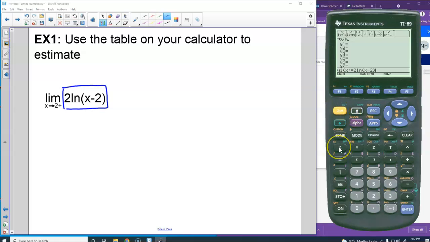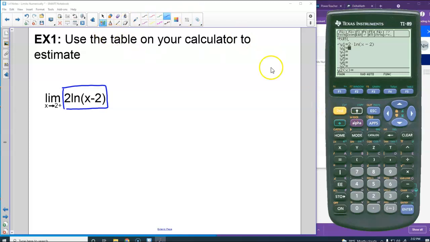Blue button and the X. And then hit enter, yes. So you should have this in your Y1. Everybody okay there?